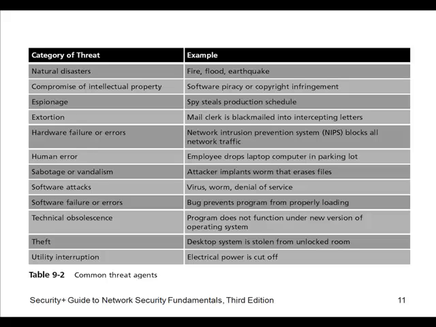Each of those things. Compromise of intellectual property. None of you guys have ever done that, right? Pirating software. Espionage. A spy steals a production schedule. We have one of those going on right now, right? The Chinese introduced this new fighter aircraft, new stealth aircraft. And how did they get it?